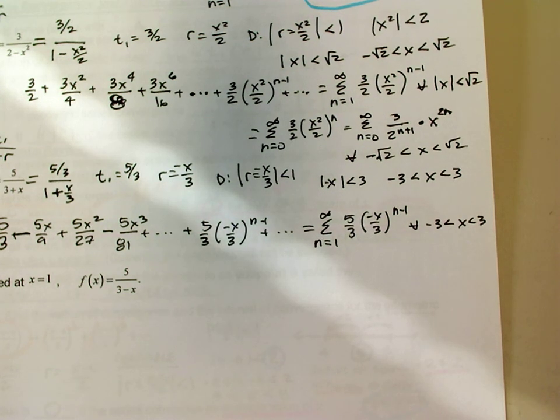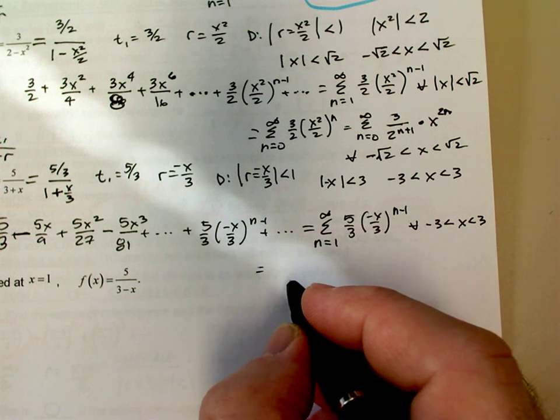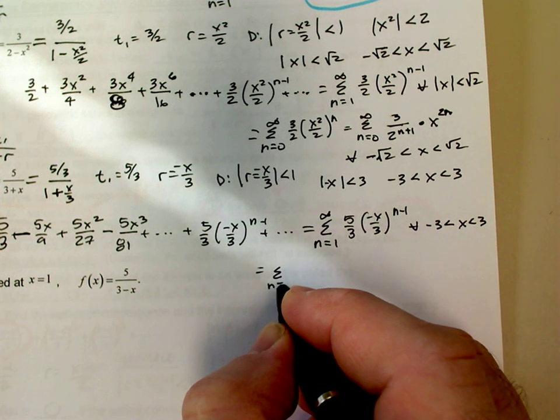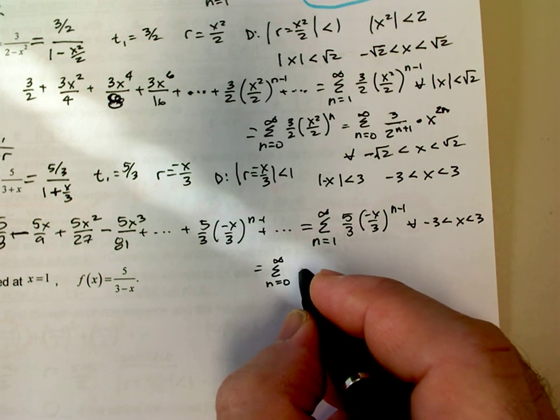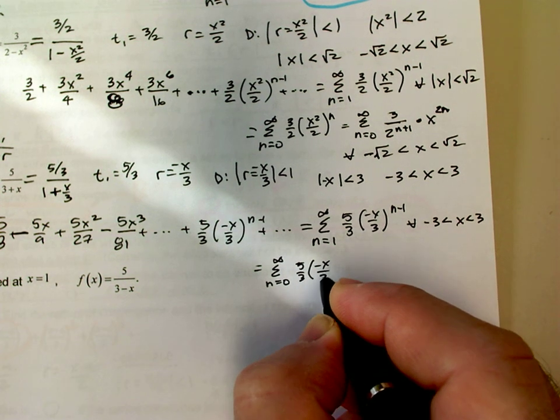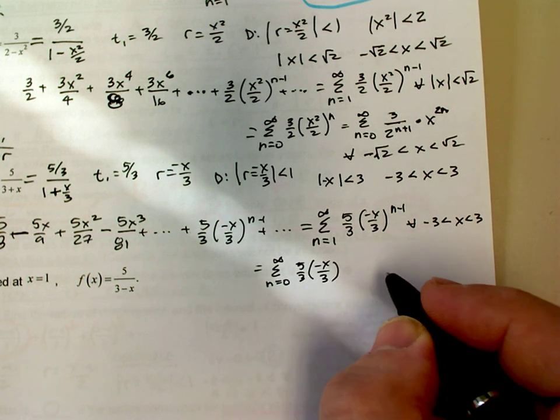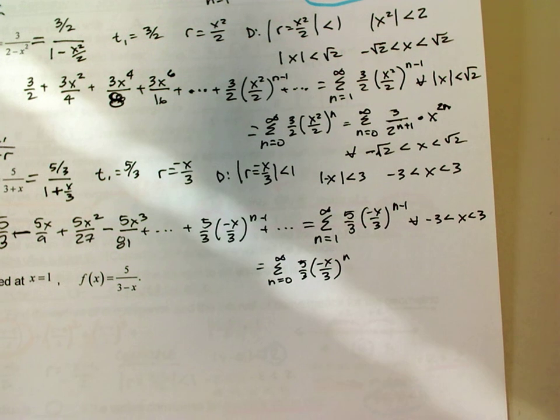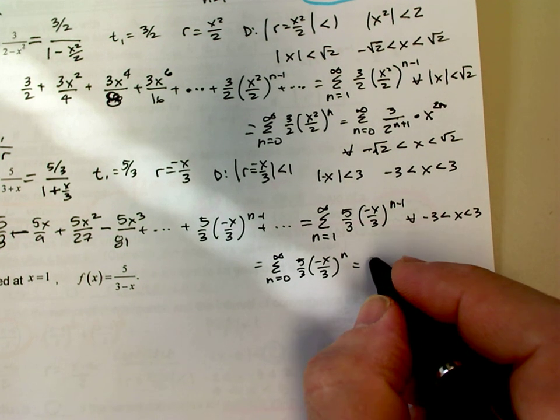Let's again practice rewriting this. We should have a summation from n equals 0 to infinity of 5/3 times negative x over 3 to the nth power. And then let's manipulate this again.